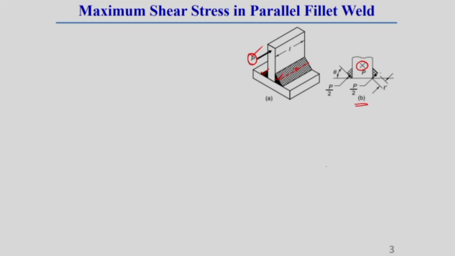Now let us consider this dot, the position of the load acting at the weld plane, which makes an angle theta with the horizontal axis. Once we balance the applied force P with the resisting force on the weld, as there are two different welds whose lengths are also equal, this is called double parallel fillet weld.